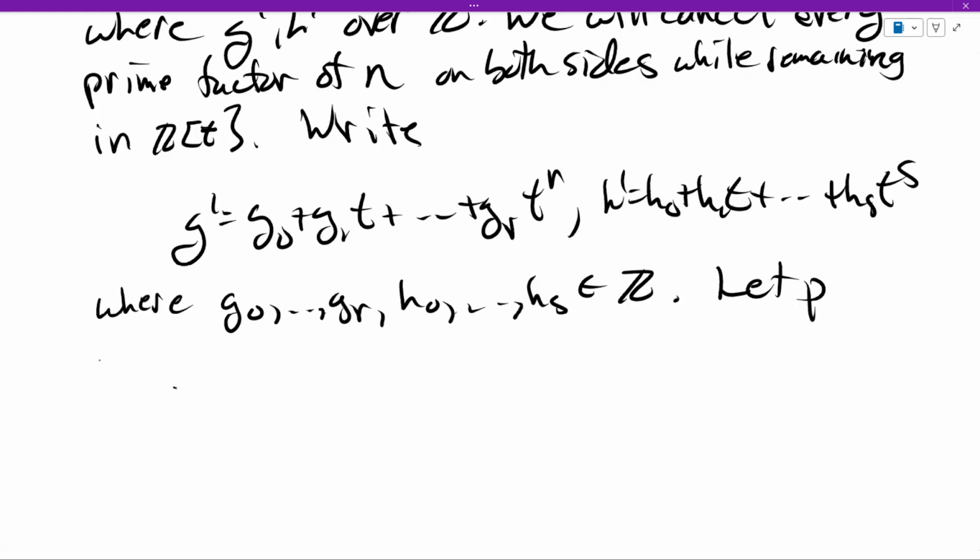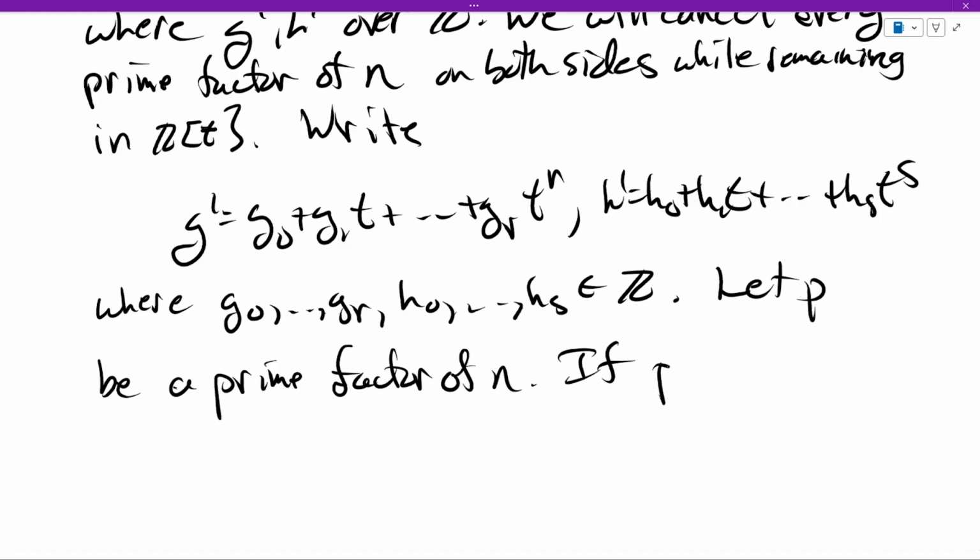Let P be a prime factor of n. Okay, if n has no prime factors, n is 1 and we're done. Otherwise, it has prime factors. Take one of them.